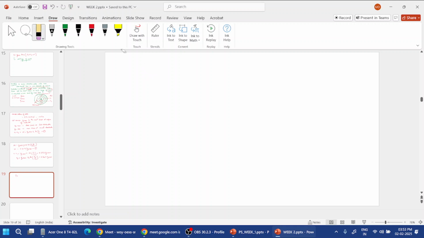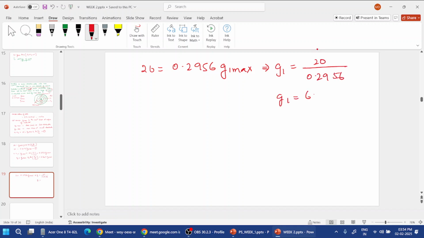Let me write it down here. 20 is equal to 0.2956 G1 max. So if we calculate G1 max, it will come out to be 20 divided by 0.2956, which is equal to 67.6 kV per centimeter.